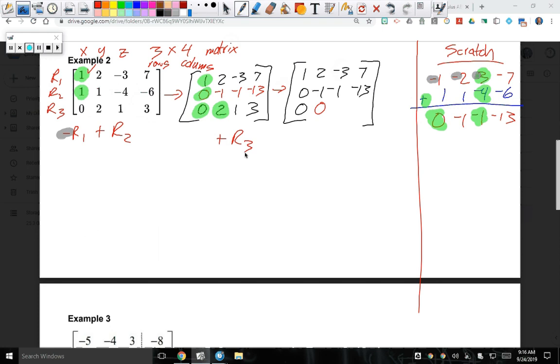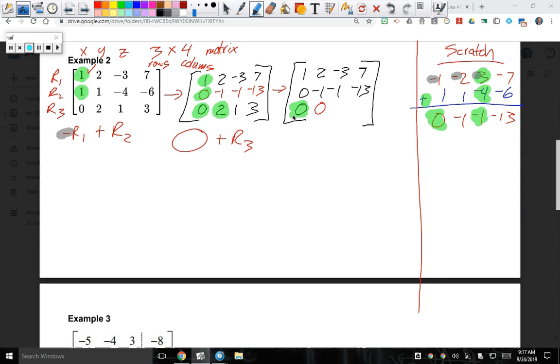If I add row 1 to this right now, would this number remain 0? No. You with me? It would not remain 0. And why am I going to undo something that I just did? I can't undo it, right? So I'm not going to add row 1. I'm actually going to add row 2.